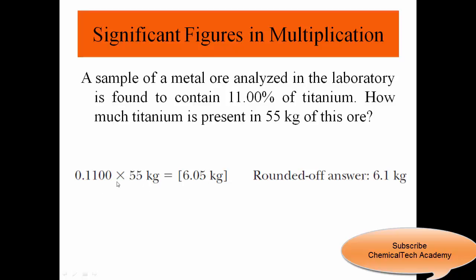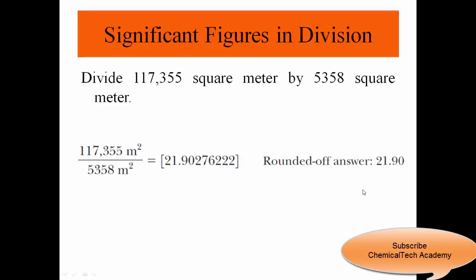One number has four significant digits and the other has only two, so our final answer must have only two significant figures. We need to drop this one, and since it is 5, we add one to the final answer. So 6.1 kg is the final answer.